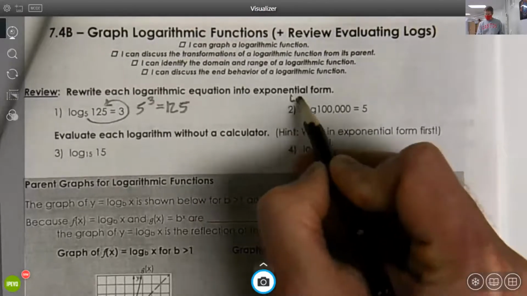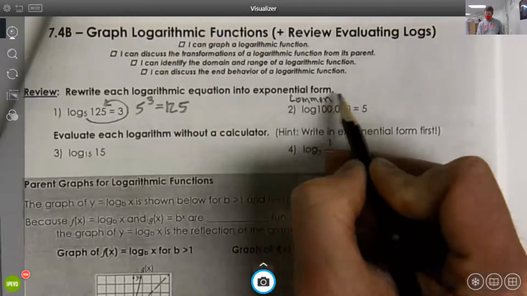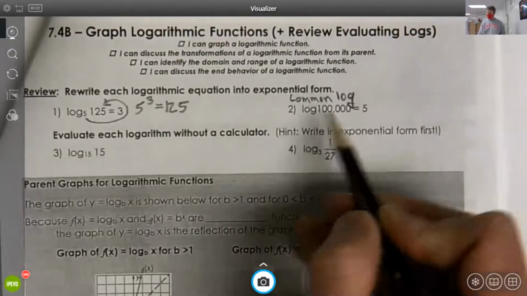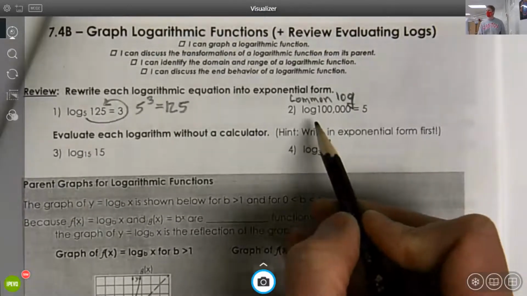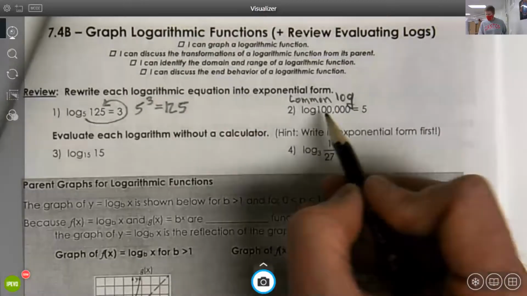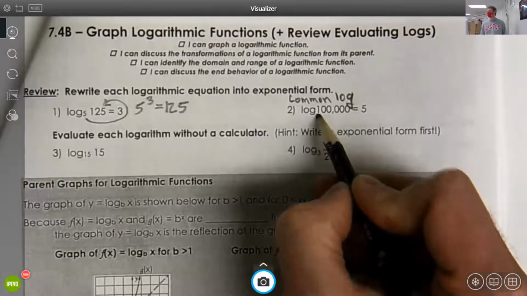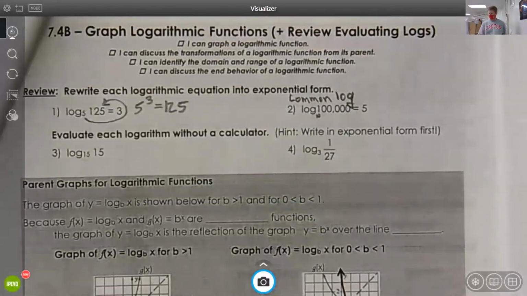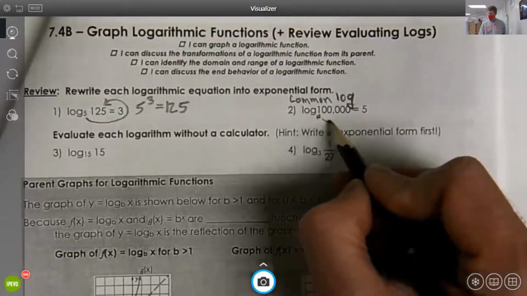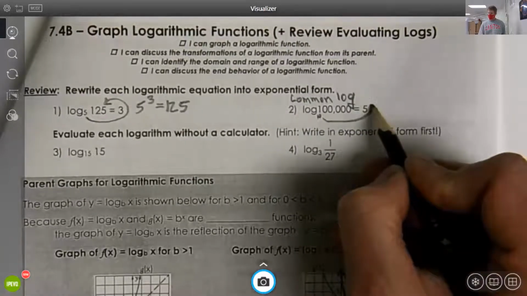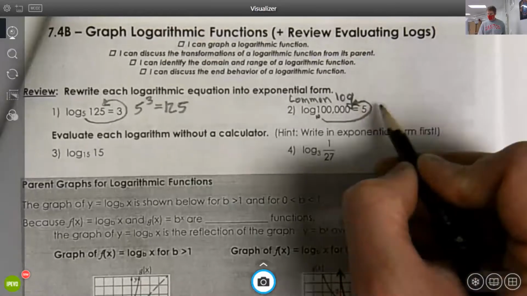It would be known as a common log, because it does not have a base that's written. When it doesn't have a base, that means that it's going to be a 10. It's a common log. So we're going to say 10 to the 5th power equals 100,000.